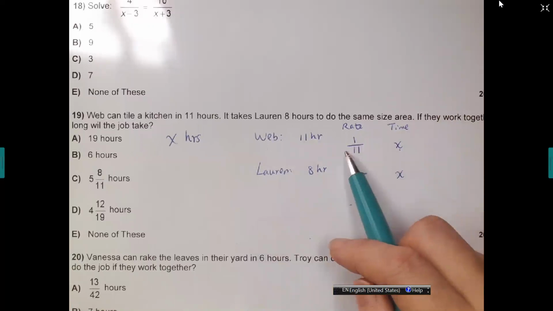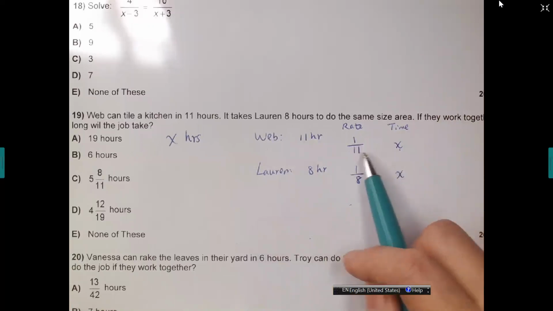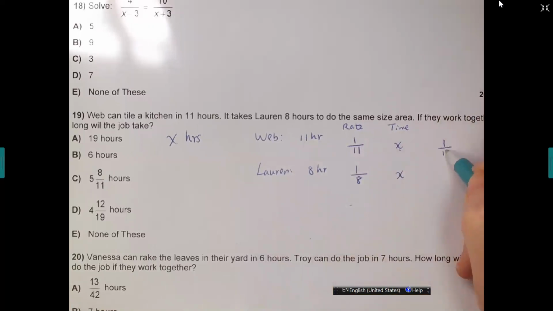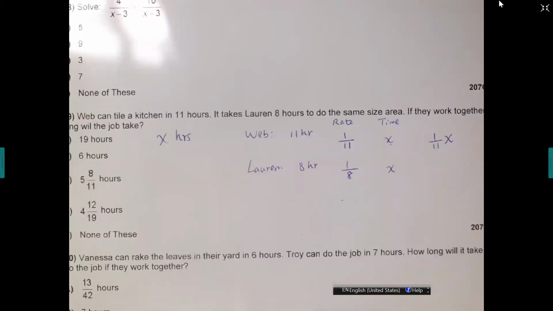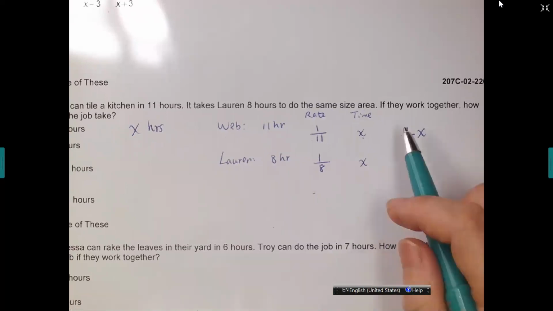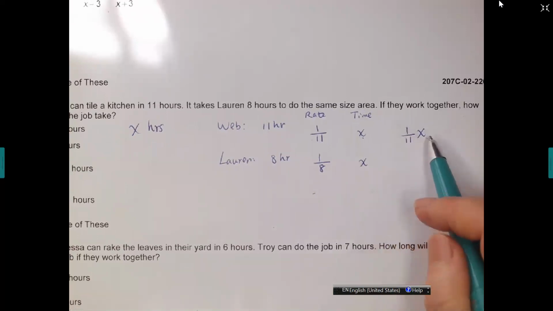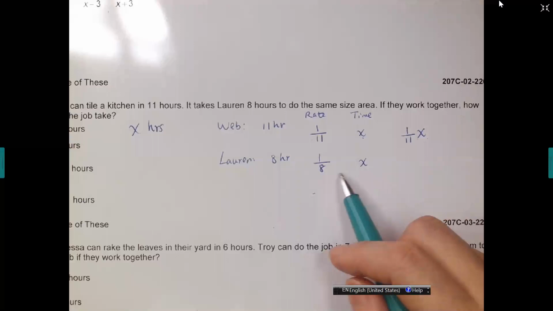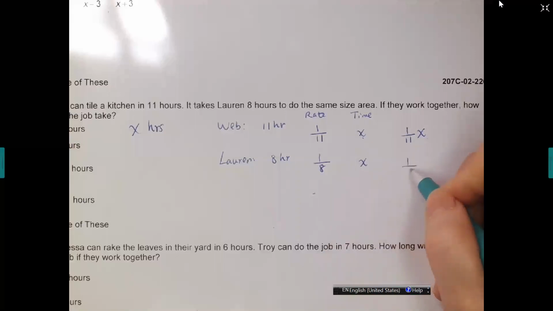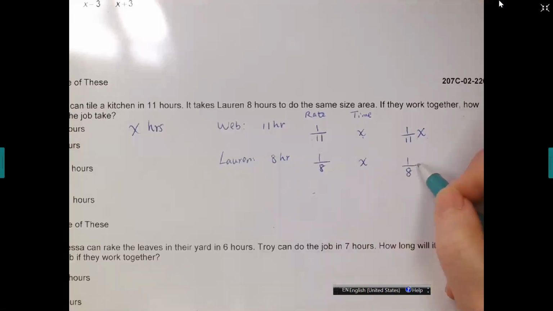How much work is done by Webb? In 1 hour, 1/11, and he works x hours, so the total job done by him will be 1/11 times x. And the job done by Lauren will be 1 hour, 1/8, and she works x hours, times x.